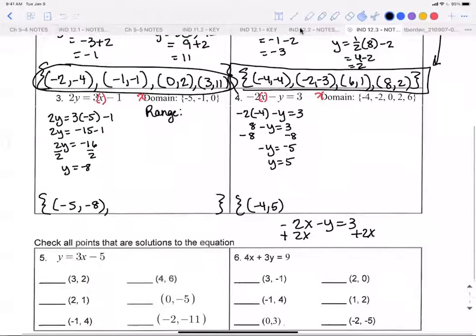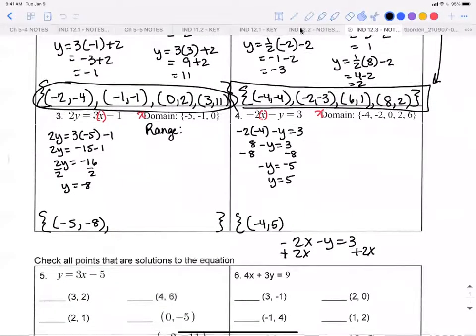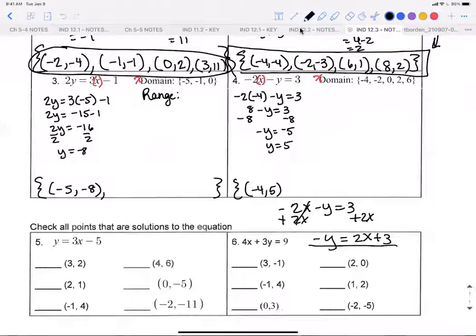If I added 2x to both sides, that would leave me with negative y equals 2x plus 3. And if I divide off that negative, that would leave me with an equation of y equals negative 2x minus 3. Is this right here equal to this right here? If I did my algebra right, it is, right? They're the same thing. They're just written in a different order.